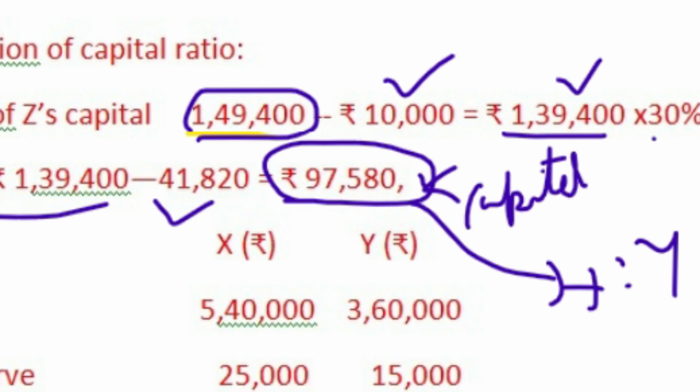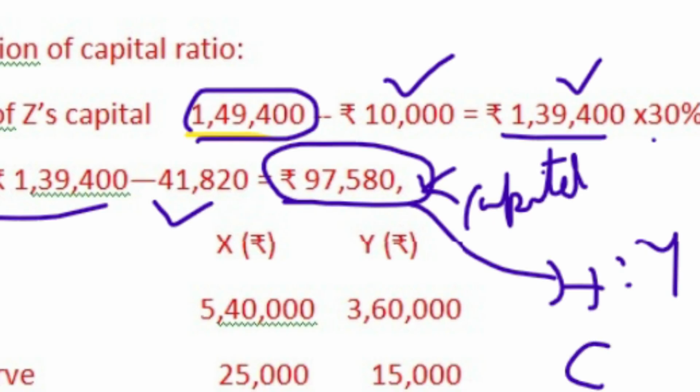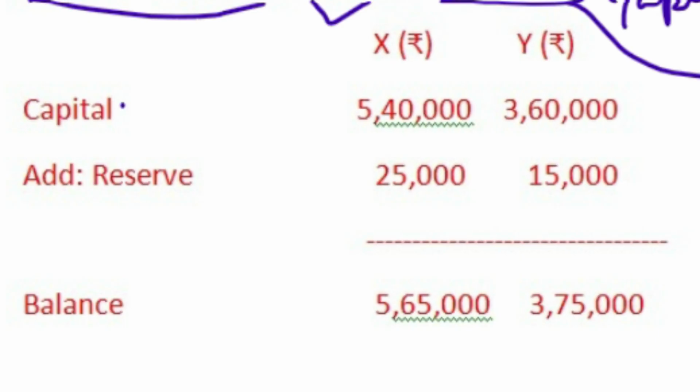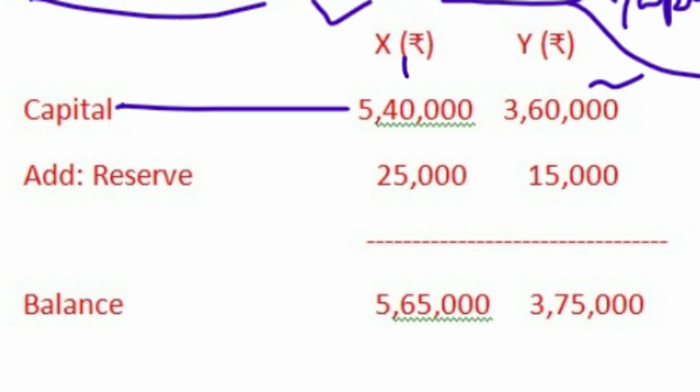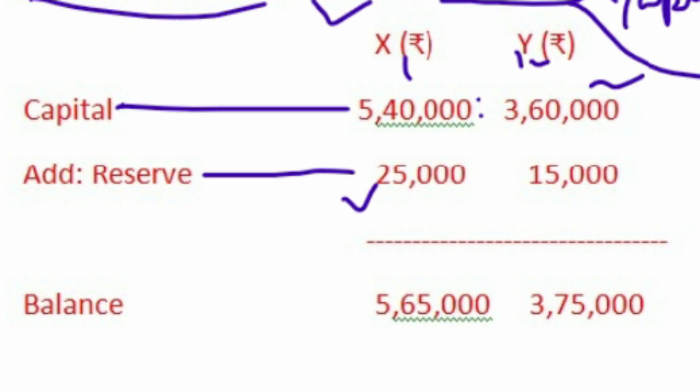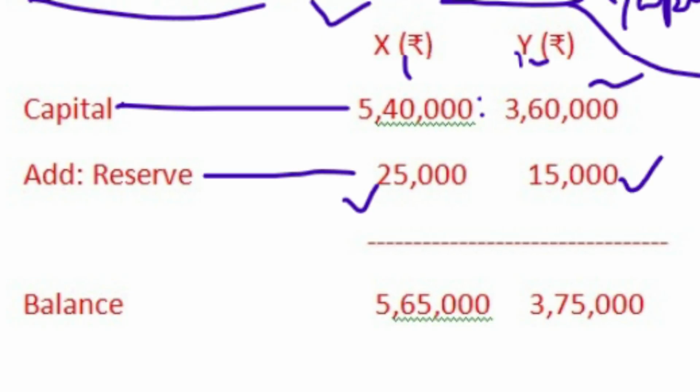This is the second Garner versus Murray principle. Now in what ratio? In their capital ratio. And the capital here is fluctuating capital, so the ratio of capital is to be calculated as follows. The opening balance of capital is 5,40,000 for X and 3,60,000 for Y. Then the reserve amount credited to X's capital account is 25,000 and to Y's capital account 15,000, as I showed you in the partners' capital account, and you add it.